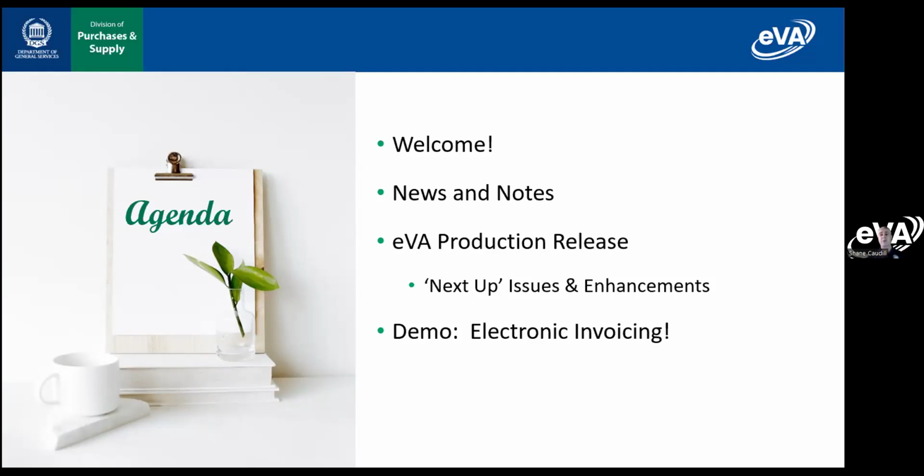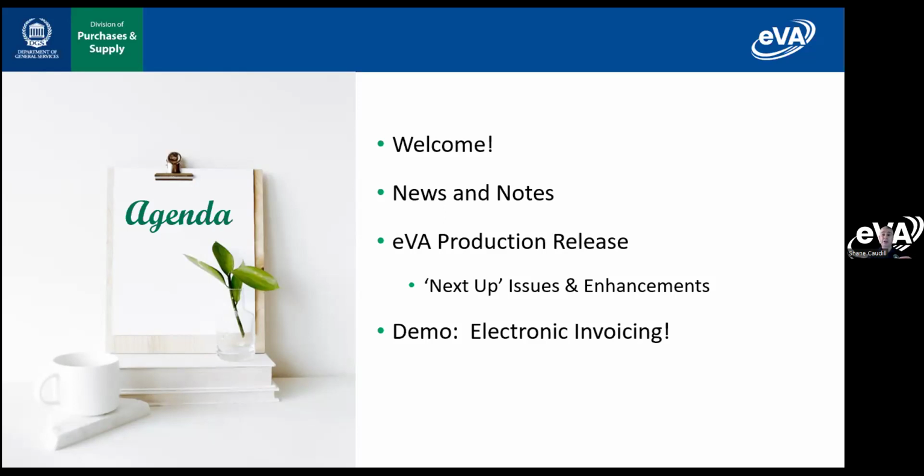As I mentioned before the recording started, when Kim was welcoming everybody into the user group today, we showed you an out of the box view of electronic invoicing back in March. If you're curious, always a reminder that these sessions are recorded and posted on the EVA website. You can go back and look at our March user group session.